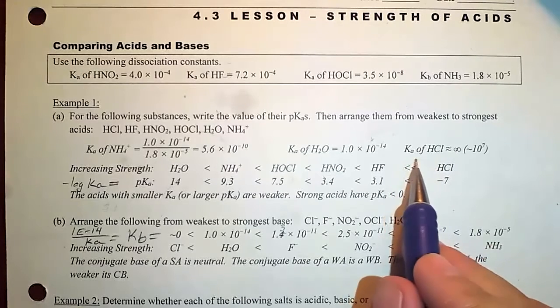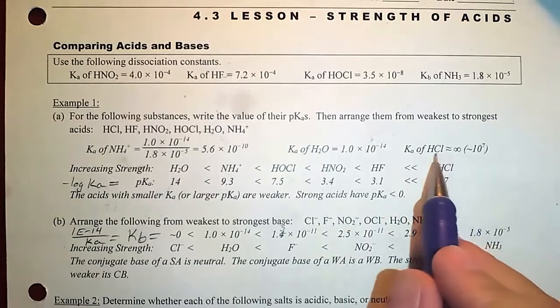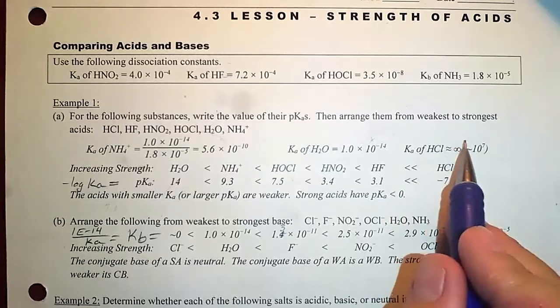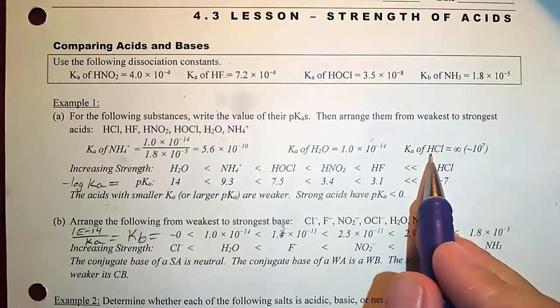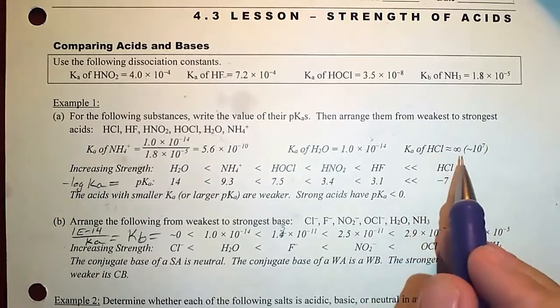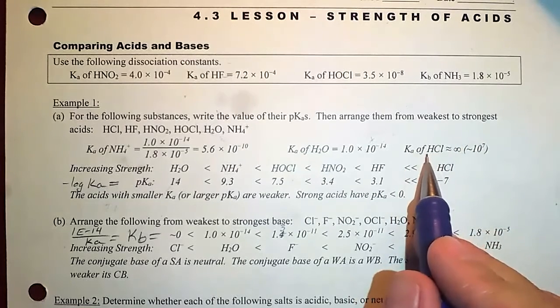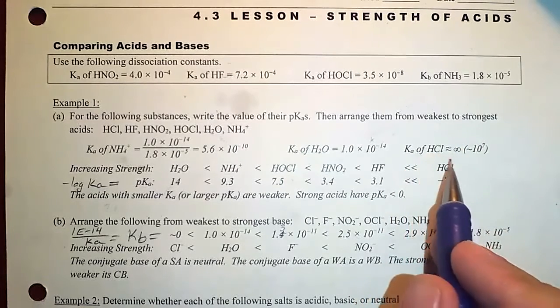Why is that? Because the Ka of HCl is darn near infinite. I mean, how much of this is ever going to reattach? This is the reaction, right? Making H plus and Cl minus. How much is ever really going to come back? And the answer is just, even by our standards, just nothing. So you get a numerator that's exceedingly large in the Ka value and a denominator that's very, very, very small. And so it just approaches infinity.